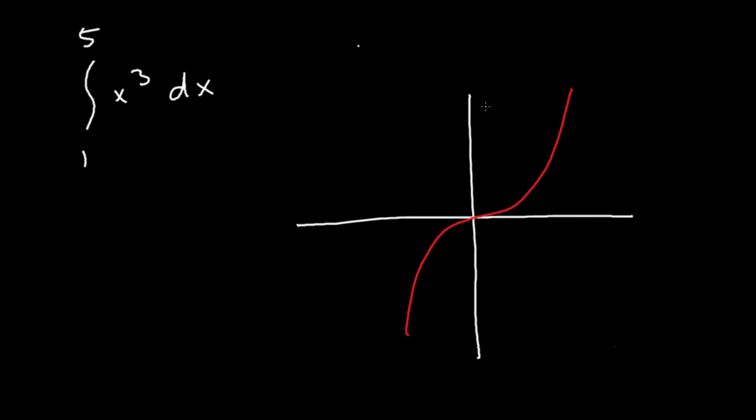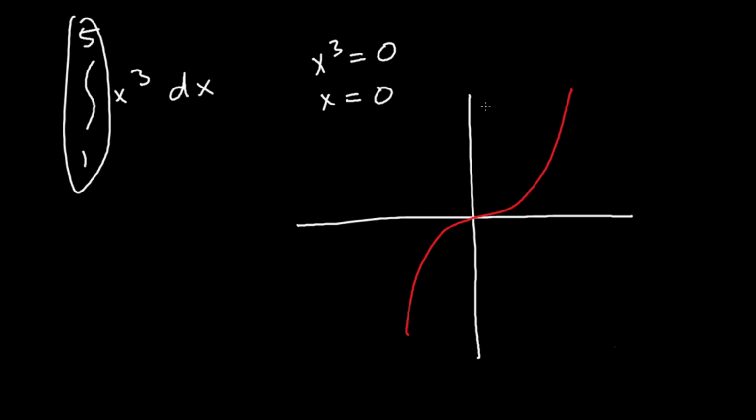If you find the zeros of your function, but the x values of your zeros don't lie within the bounds of your integral, you can just solve the integral normally using the fundamental theorem of calculus. That means if the bounds of your integral do not have any zeros of your function between them, then you don't have any negative area.